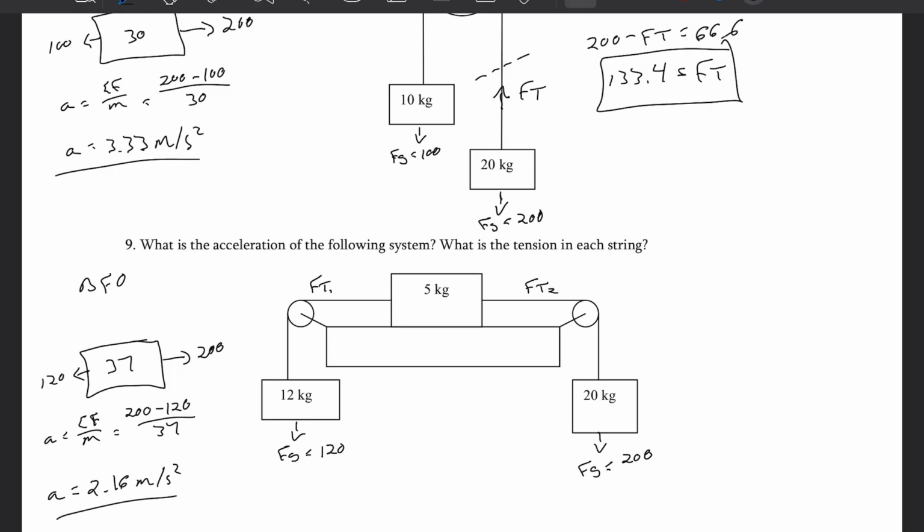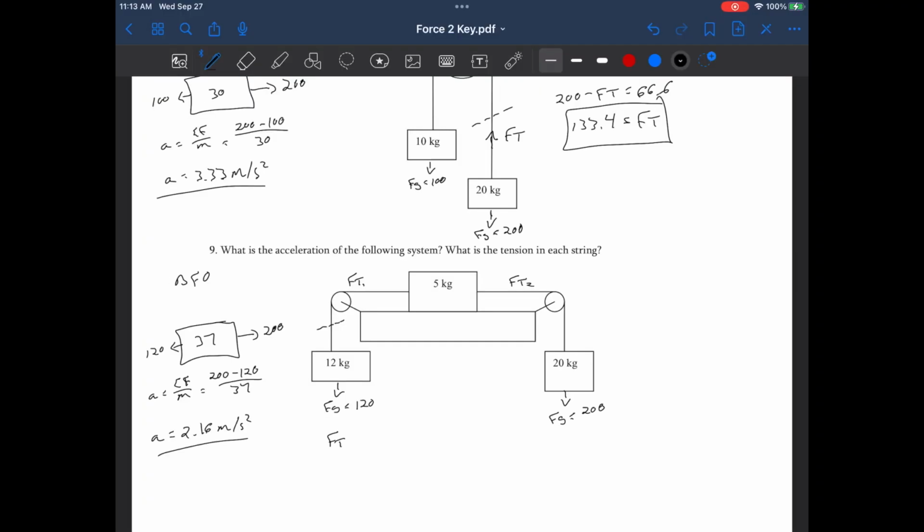The entire system is accelerating with that value. So is each individual object. They move together. Force of tension 1, it's pulling up on that object. It is accelerating upwards. Tension minus gravity is equal to ma. Force tension 1 minus 120 is equal to 12 times 2.16.